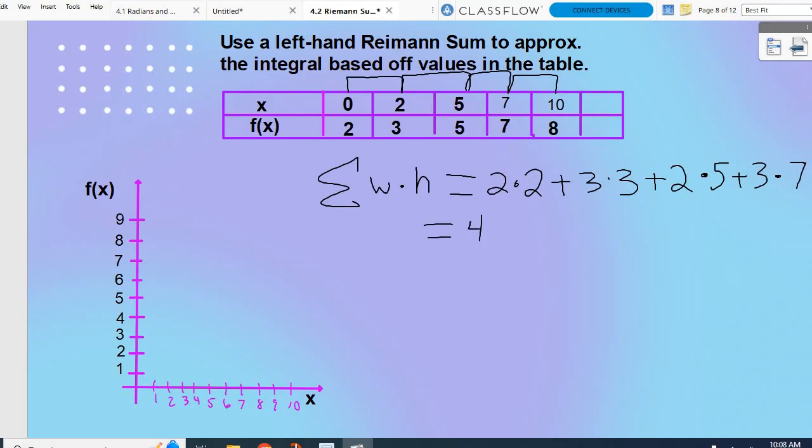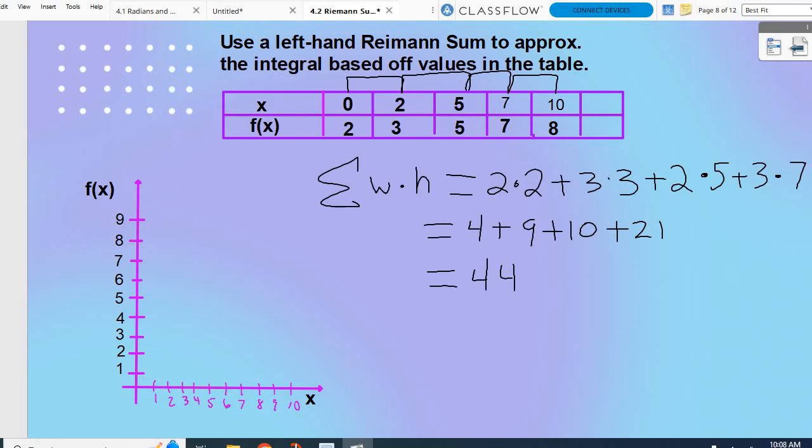So we get 4 plus 9 plus 10 plus 21. Yes? And what does that give us? 44. Sounds good. We don't have any type of unit this time, so it's just 44.